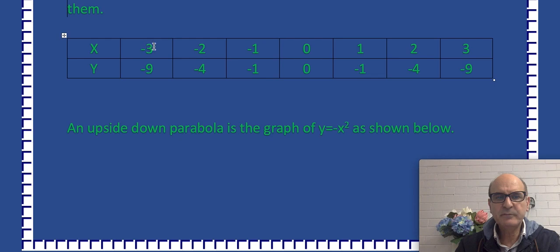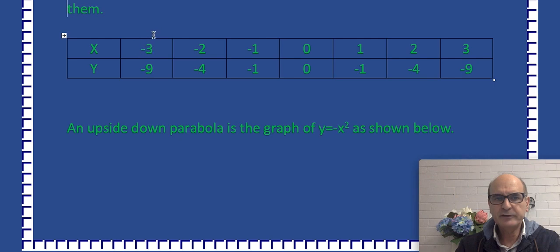When x is minus 3, again you choose your x values. Start from, for example, minus 3 and go up by 1, minus 3, minus 2, minus 1, and so on, up to 3. Alright, once you got that, now use your equation or your rule to find the y values.